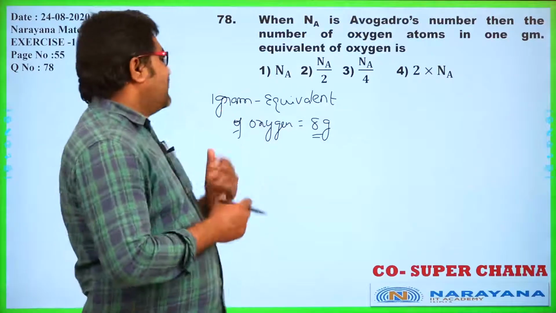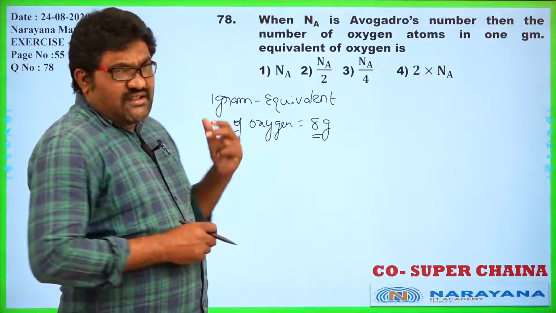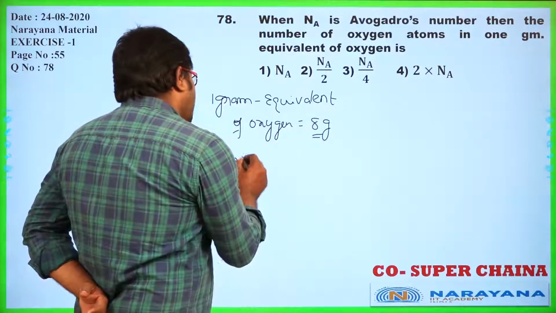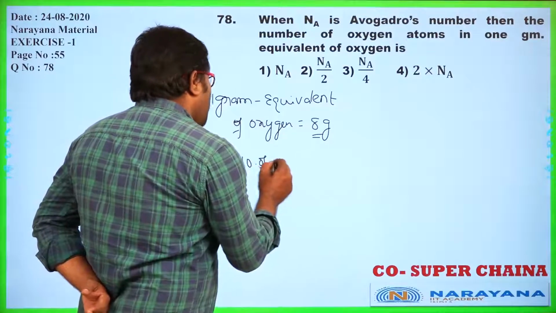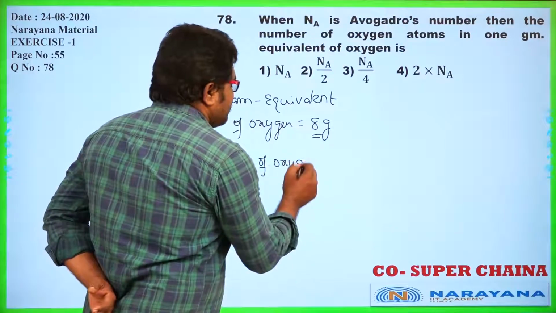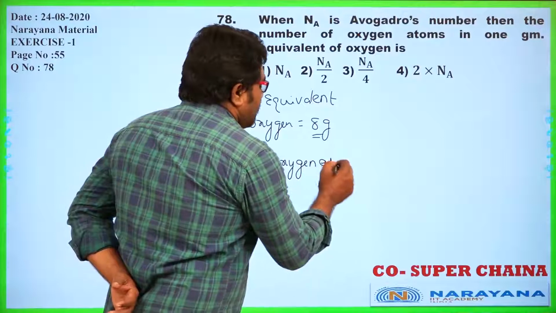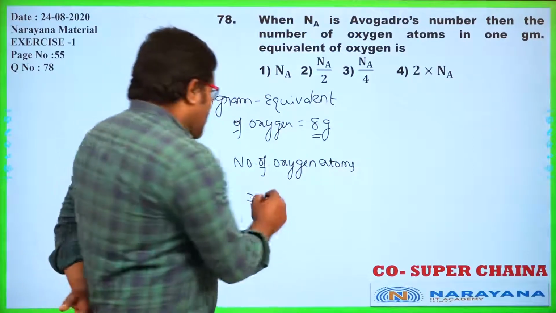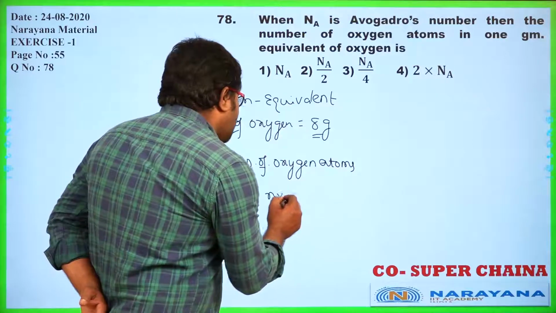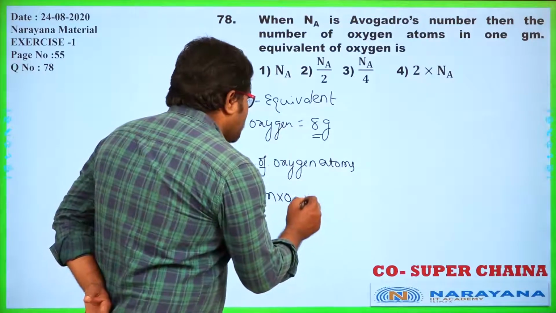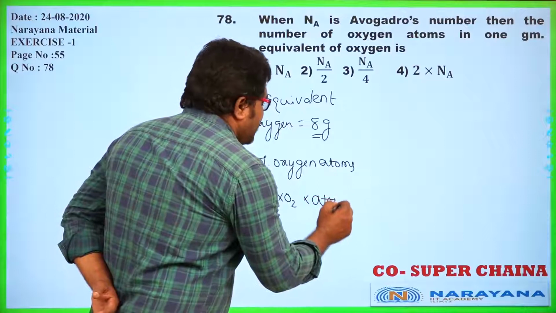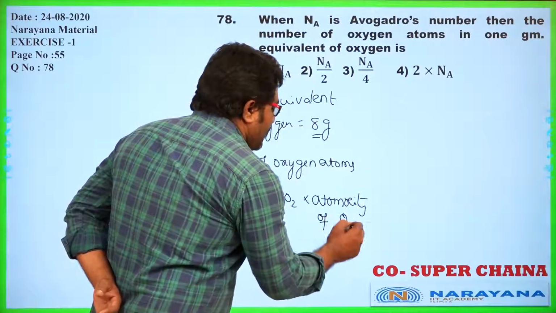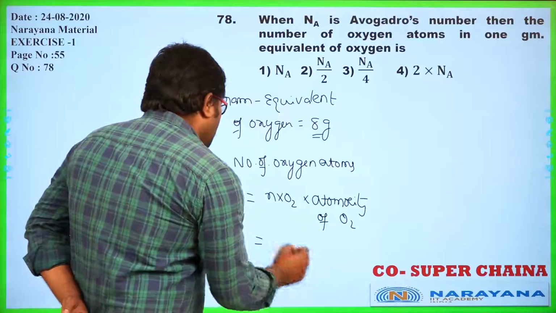Now, for 1 gram equivalent of oxygen, the number of oxygen atoms: how can we find the number of oxygen atoms? Number of oxygen atoms is equal to number of moles of oxygen into atomicity of oxygen. How can we find the number of moles?